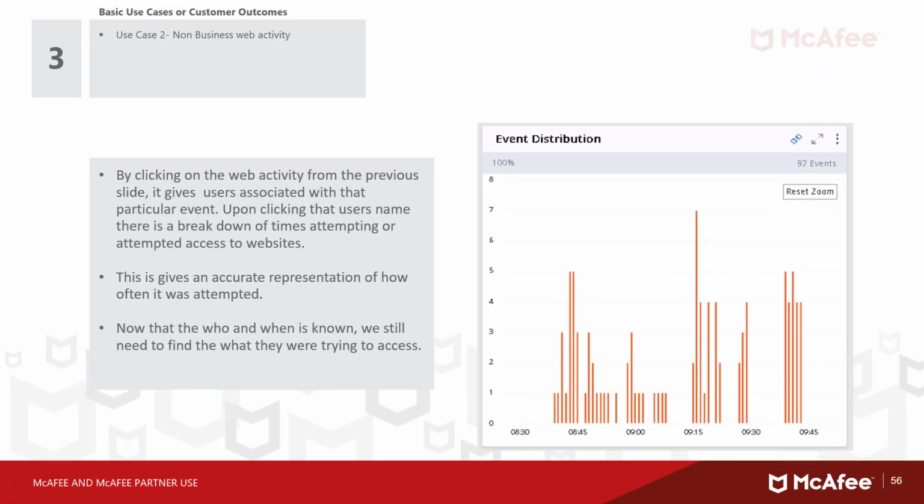So when we click on it, we can see in the event distribution the times and the number of times that an individual user has attempted to access websites.